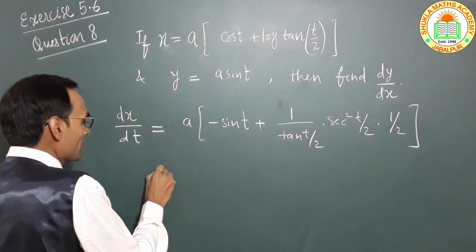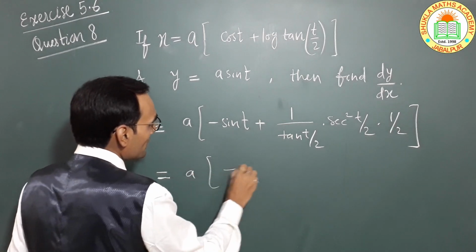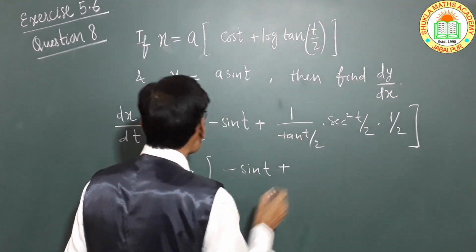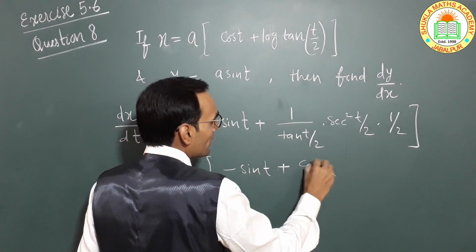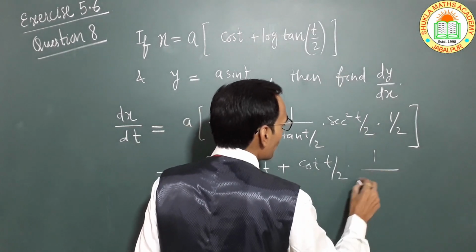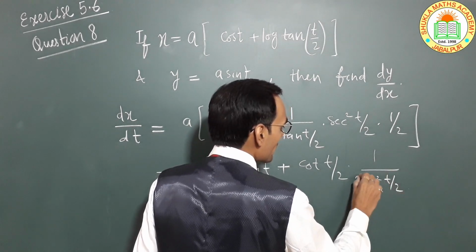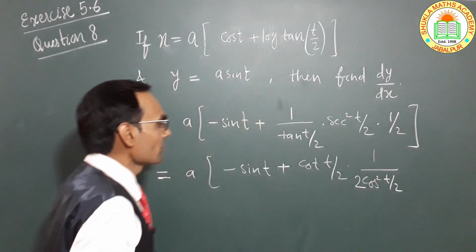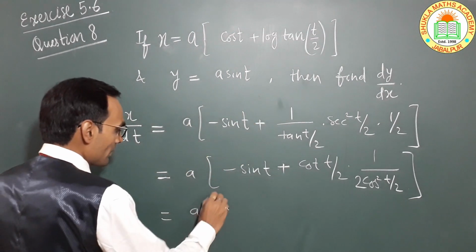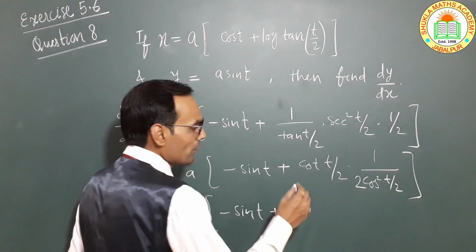On simplification we get a into minus sin t as it is, plus 1 upon tan t by 2, that is cot t by 2, and sec square t by 2 we can write as 1 upon cos square t by 2, and this 2 also here.